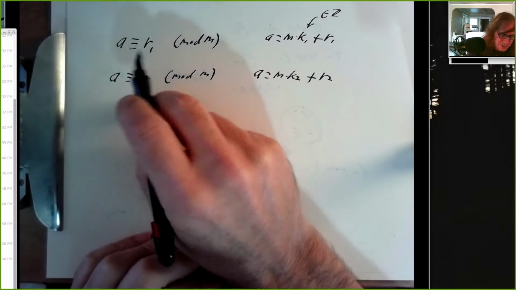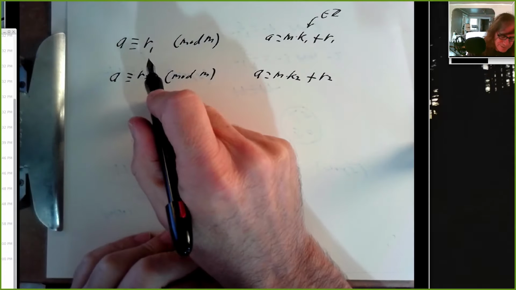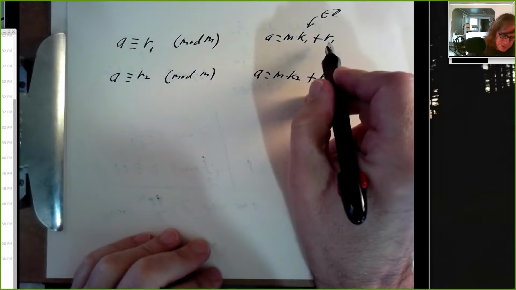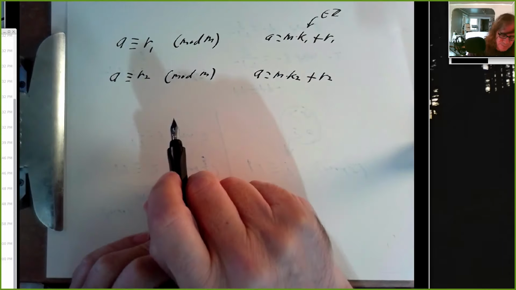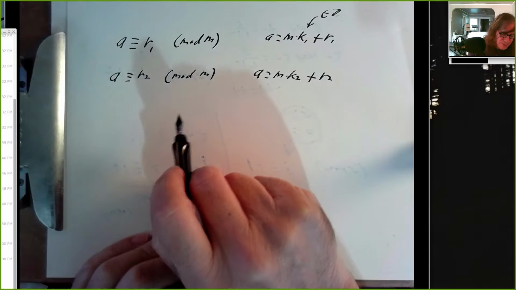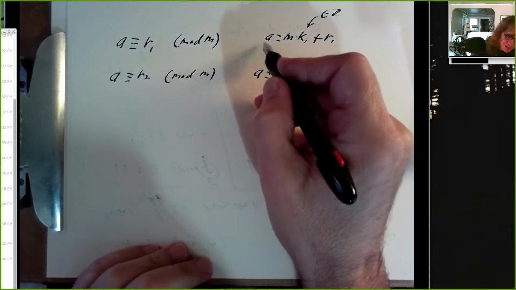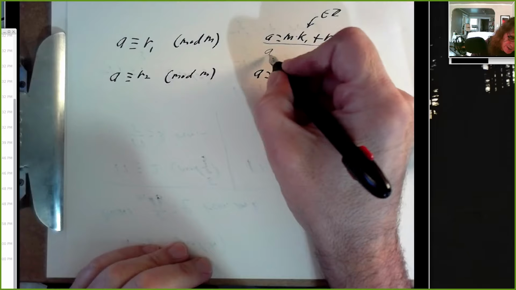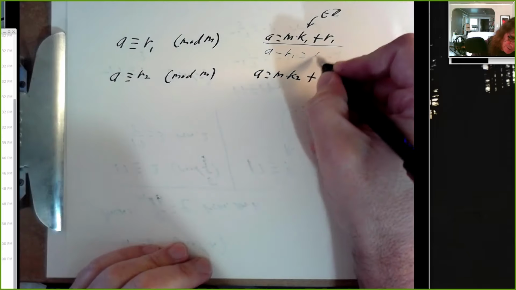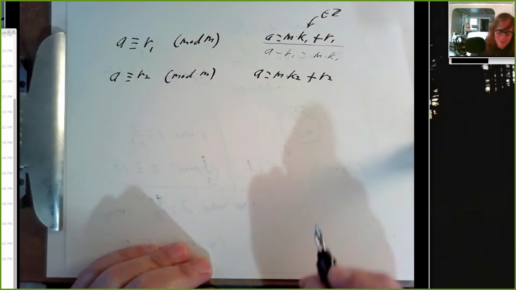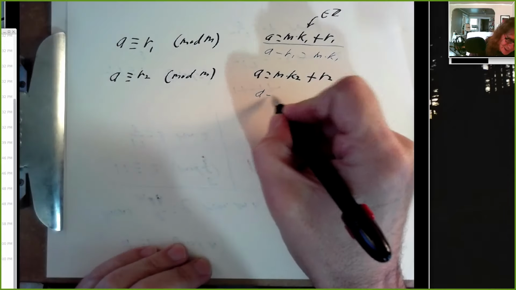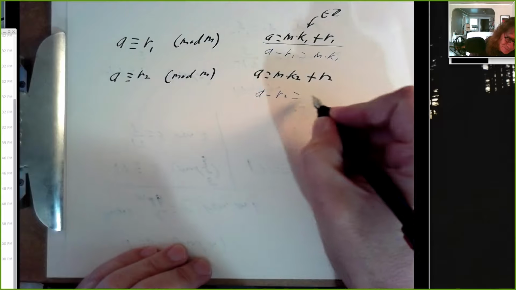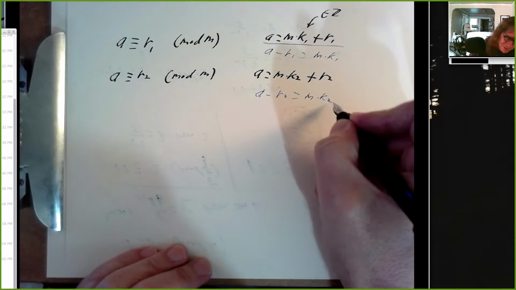All right, so A is some multiple of m plus r1. A is also some different multiple of m plus r2. Another way of thinking of this is that if we take A and subtract r1, that's a multiple of m. And if we take A and subtract r2, that's also a multiple of m.